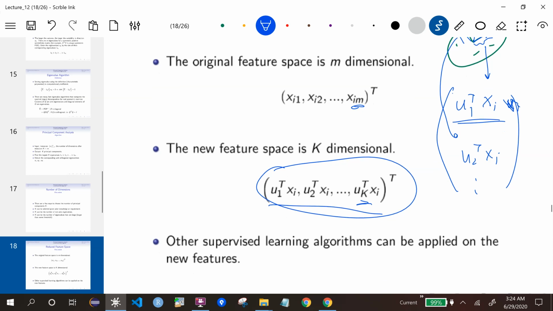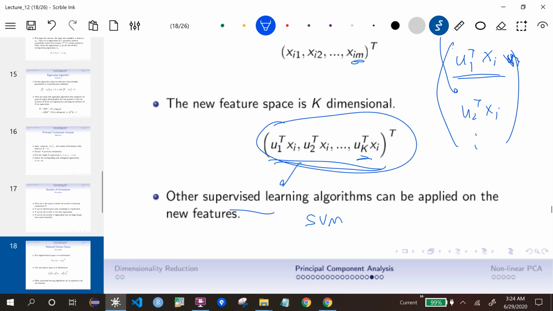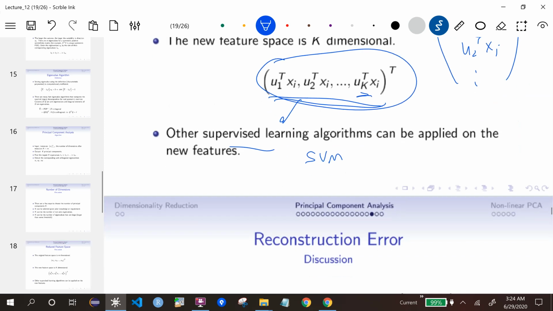The next thing we can do is use these as our training data, and then train some supervised learning algorithm, mostly SVM. Sometimes maybe we want to use a neural network, but neural networks can construct new features by themselves, so we usually have SVM paired with PCA. So that's how to generate the new features.